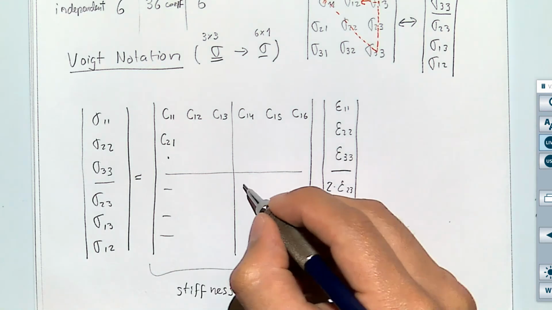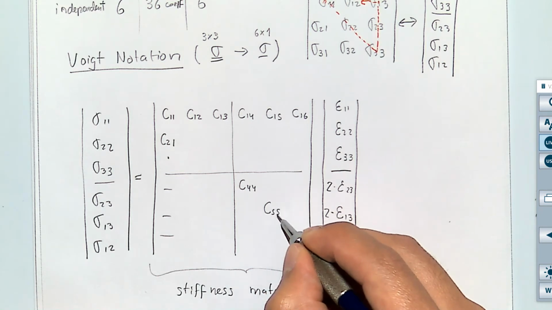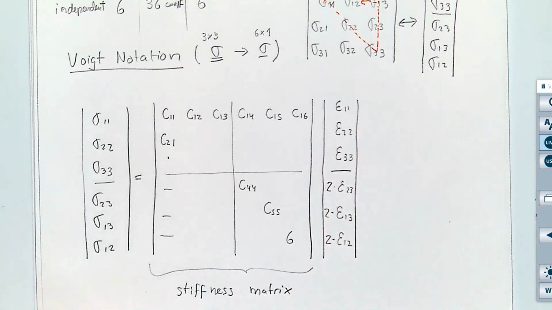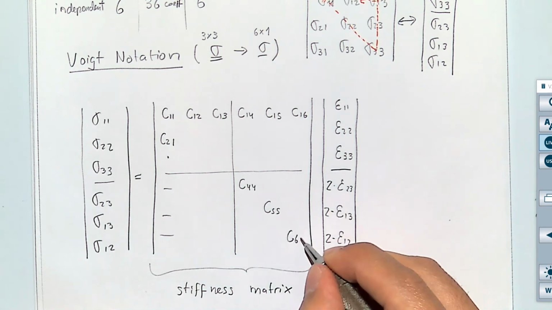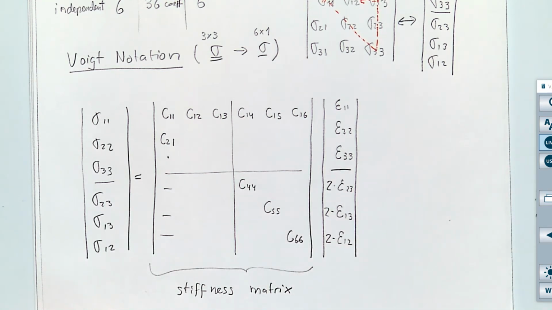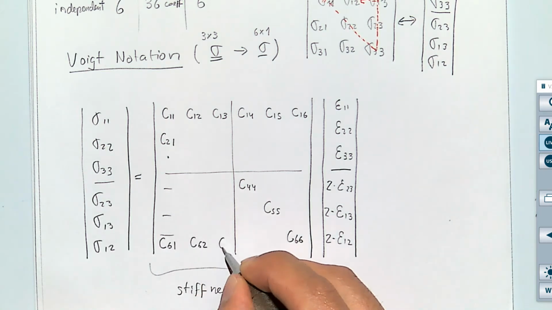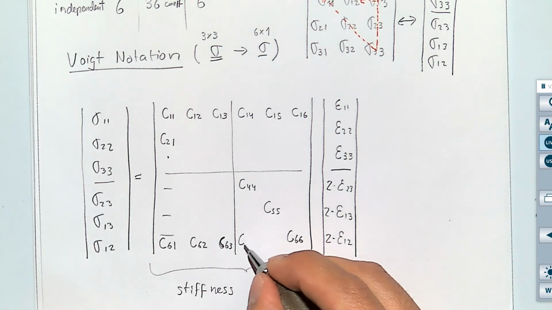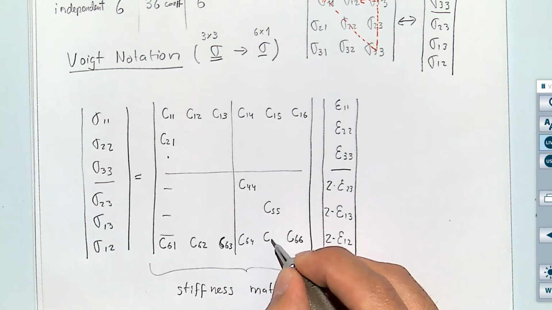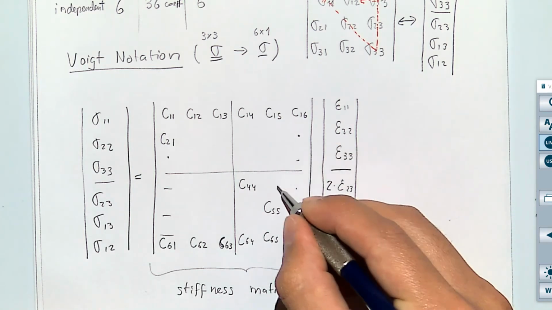For example, here I'm going to have C44, C55, C66, and this is going to be C61, C62, C63, C64, C65, and so on. But you get the idea, right?